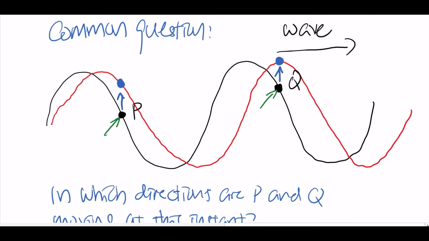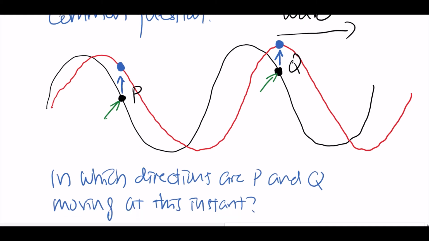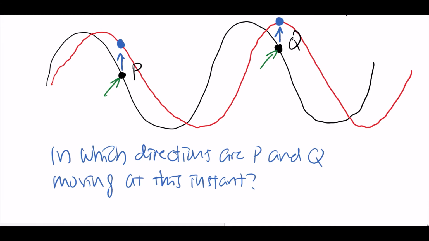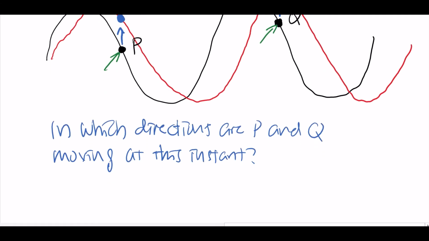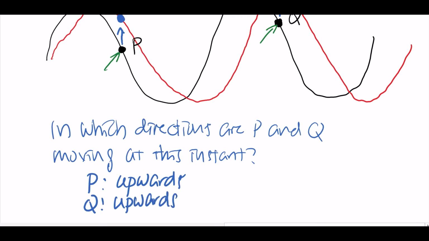So Q also has moved upwards. That means in the next instant, both P and Q are going to be at a higher position compared to the current position. At this instant, P and Q are both moving upwards. So P upwards and Q also upwards. That's the answer for this question.